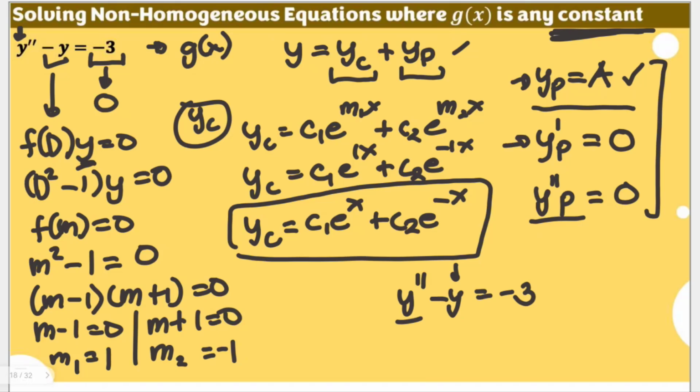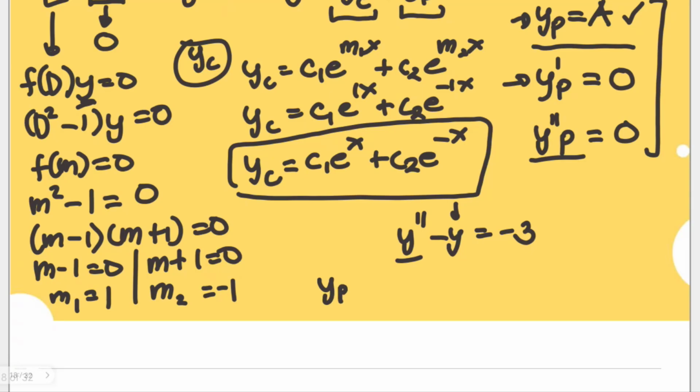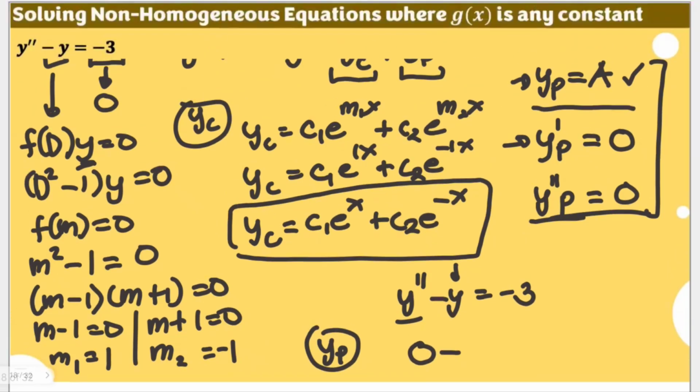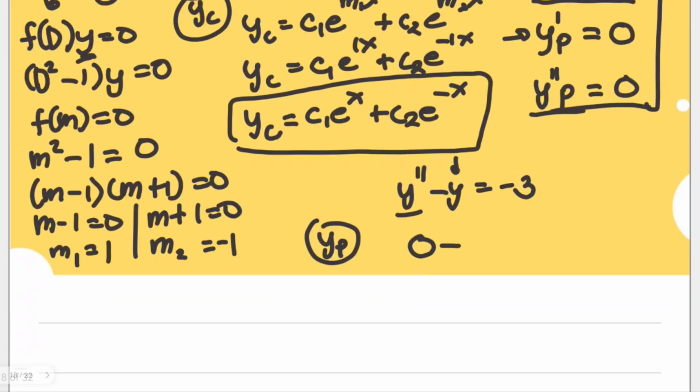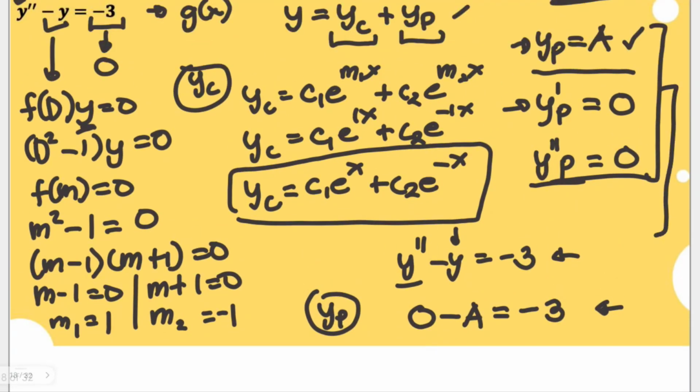So here's how it goes. This is for our y sub p process. So your second order derivative is this here, 0 minus your y sub p, which is a, and then you have here equal to negative 3. This was the original equation, and this is the particular solution or equation using these ideas presented.